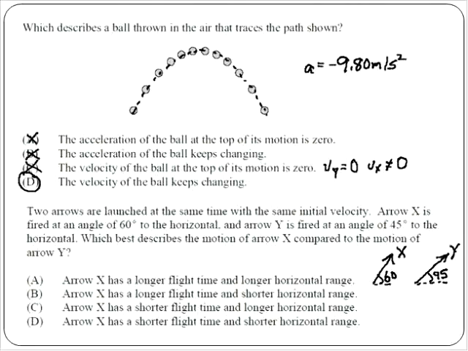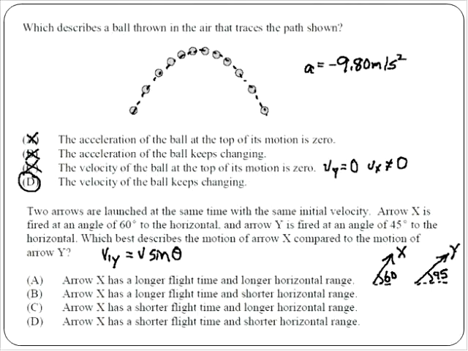Well, remember this, V1y equals V sine theta. Now, if you think about the sine function, as the value of the angle gets larger, so does sine. And if you're not sure, if you don't believe that, just try it on your calculator.